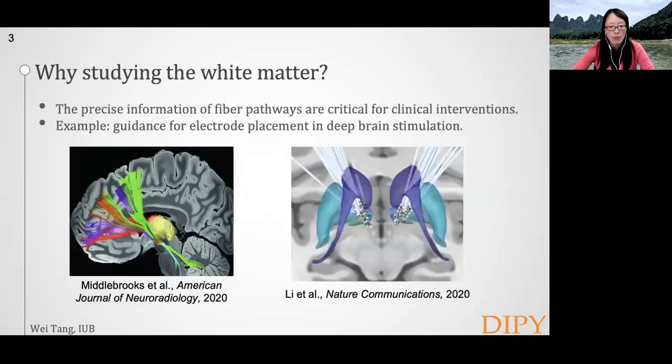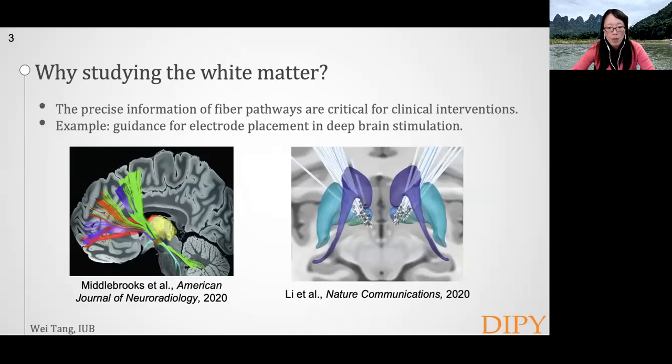Now let's follow up the OCD example and look at an effective treatment procedure called deep brain stimulation. This procedure uses implanted electrodes to deliver currents to particular sites in the brain. The sites that are responsive to the stimulation have been found in both gray and white matter. One particularly responsive region is the so-called anterior limb of the internal capsule.